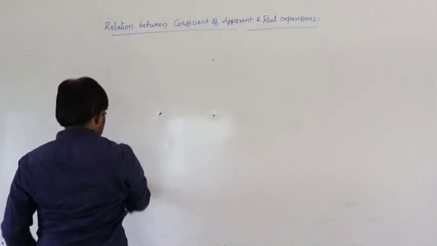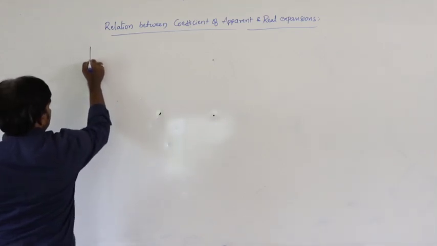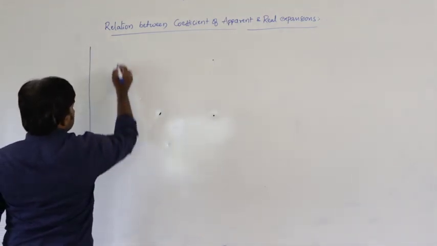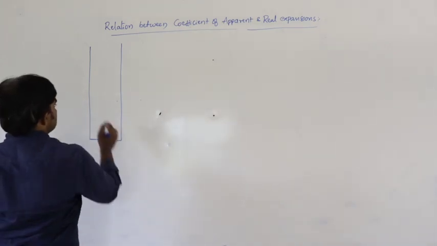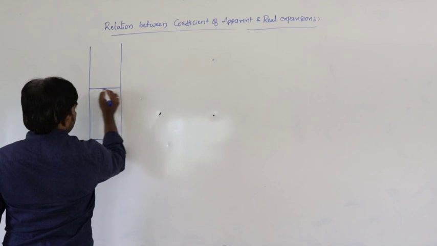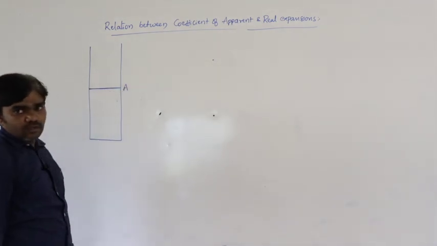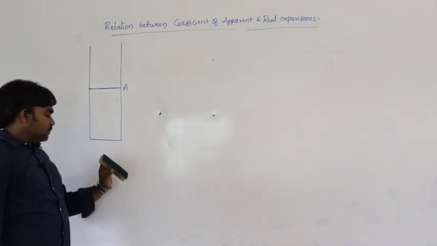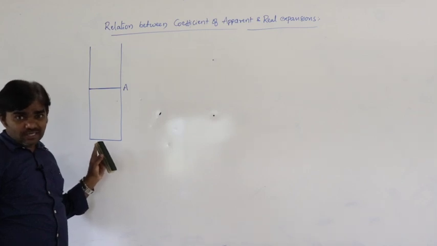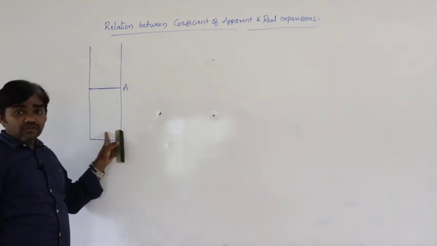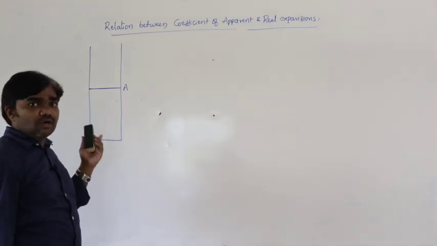It's very, very simple. See here, again I am considering the cylindrical vessel. Let us say the liquid level is up to the point A. If we supply heat energy to the cylindrical vessel, what happens?